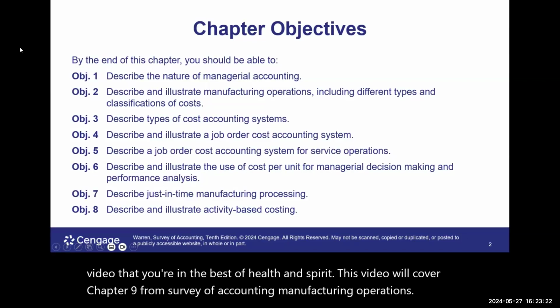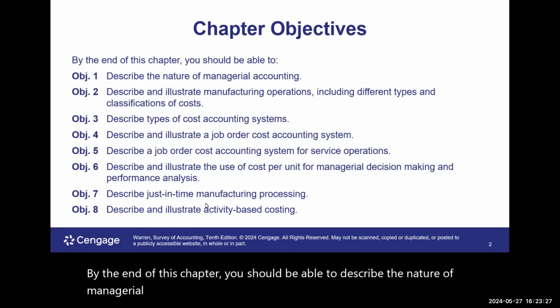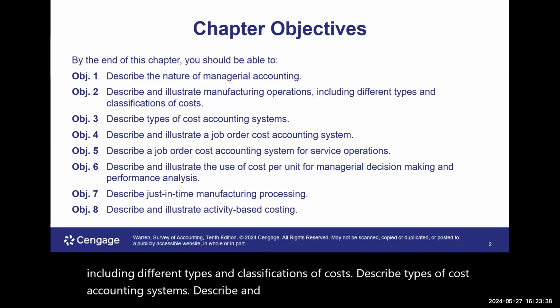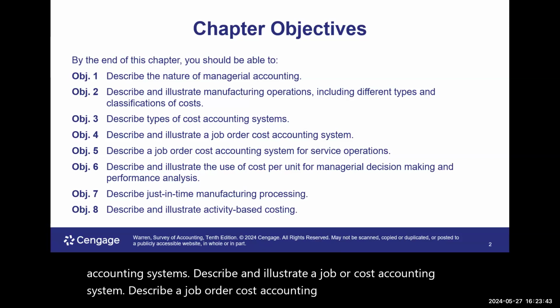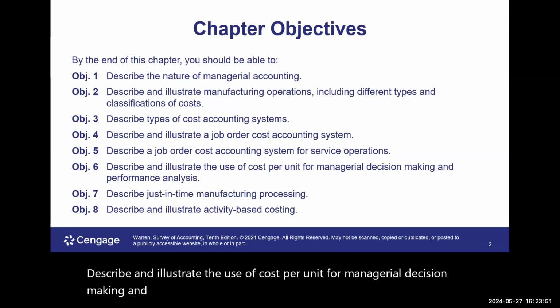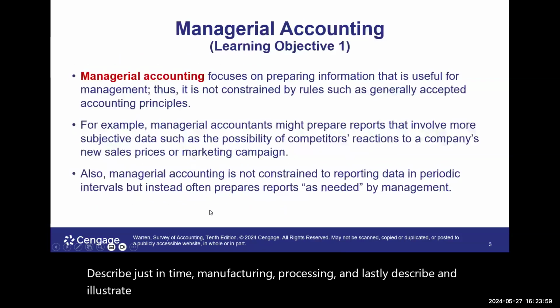By the end of this chapter, you should be able to describe the nature of managerial accounting, describe and illustrate manufacturing operations, including different types and classifications of costs, describe types of cost accounting systems, describe and illustrate a job order cost accounting system, describe a job order cost accounting system for service operations, describe and illustrate the use of cost per unit for managerial decision-making and performance analysis, describe just-in-time manufacturing processing, and lastly, describe and illustrate activity-based costing.